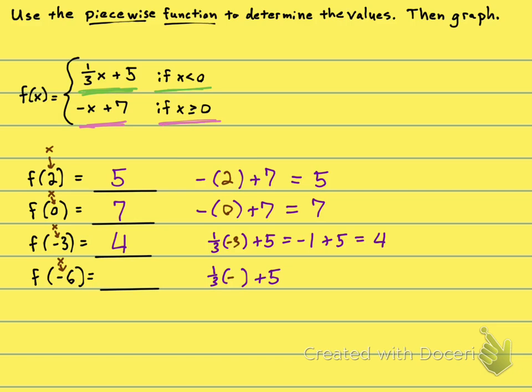I'm going to plug in a negative 6 here where the x was. 1/3 times negative 6 is negative 2. They're very nice to not give me any fractions there, but they could give you fractions. Negative 2 plus 5 is 3. Okay, so here are my 4 values, and now I'm going to graph them.